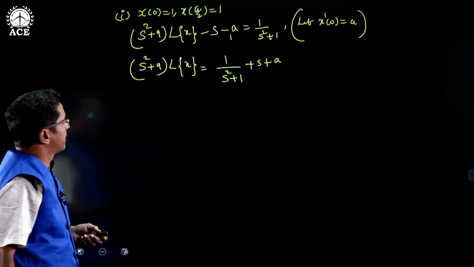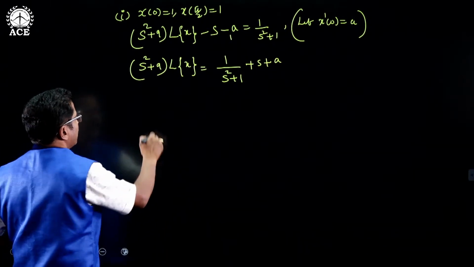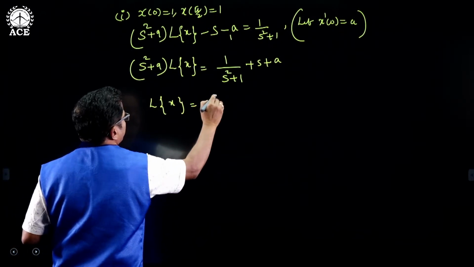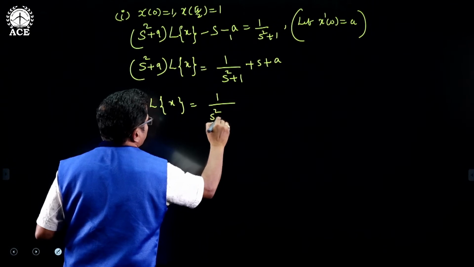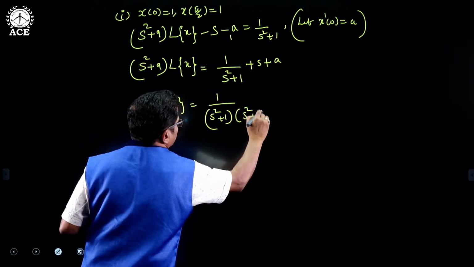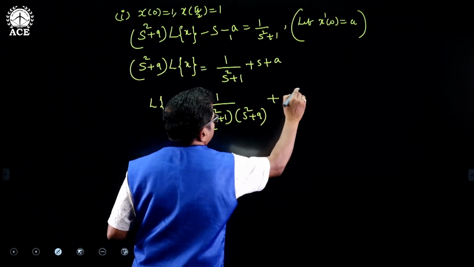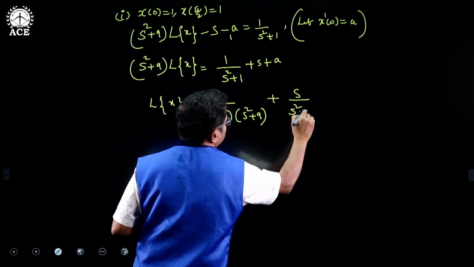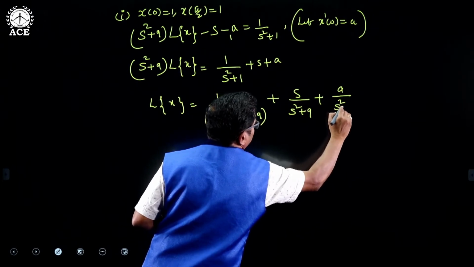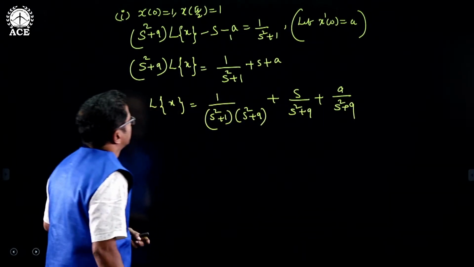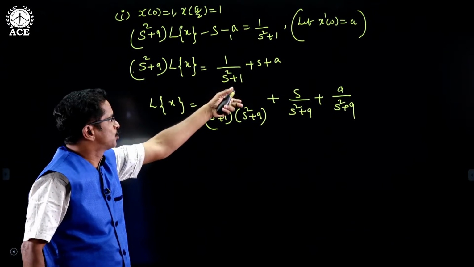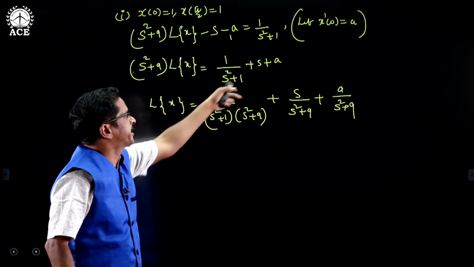Now taking s square plus 9 to that side, it becomes 1 by (s square plus 1) into (s square plus 9), plus s by (s square plus 9), plus a by (s square plus 9), because s square plus 9 goes under division to every term.